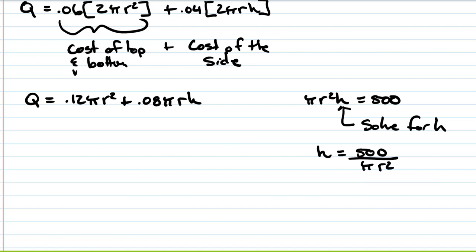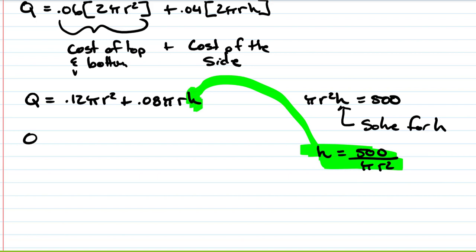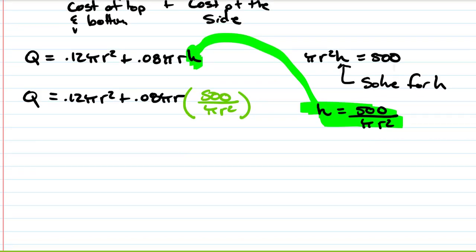And then let's go ahead and substitute that into our equation. And that's going to give us q equals 0.12 pi r squared plus 0.08 pi r times our h, which is 500 over pi r squared.